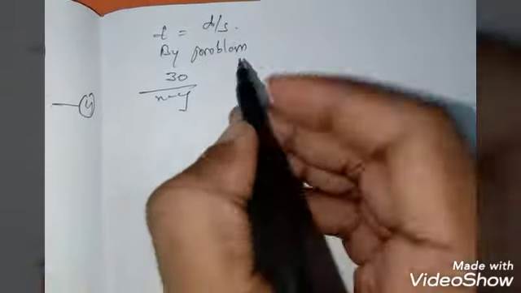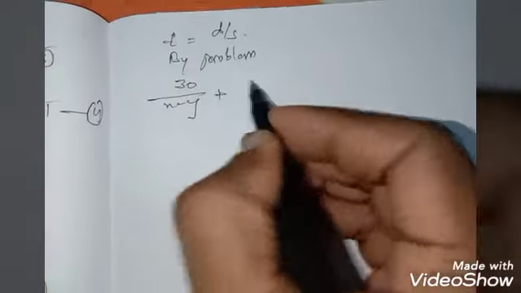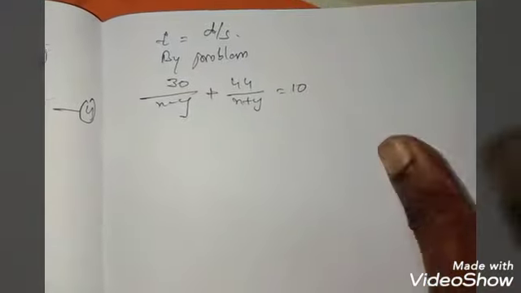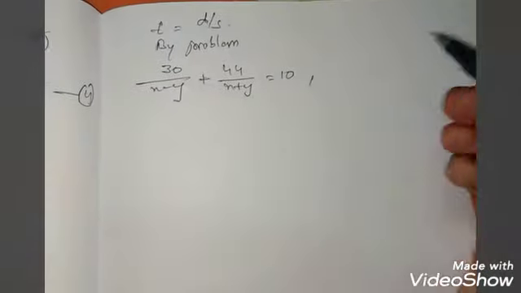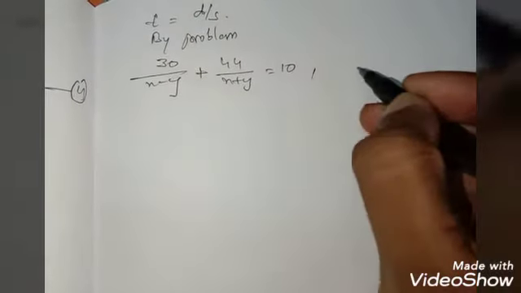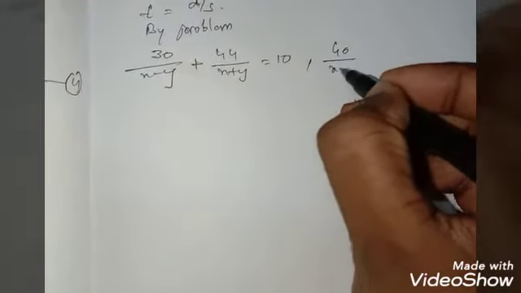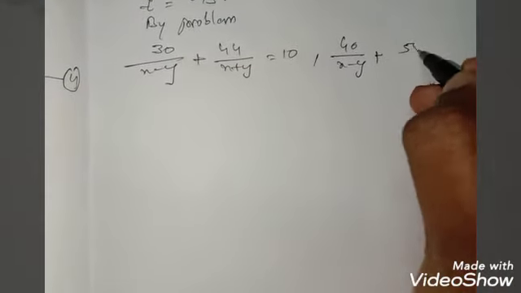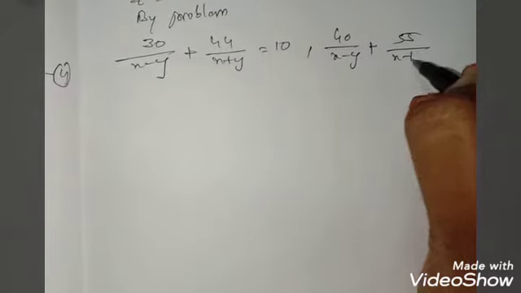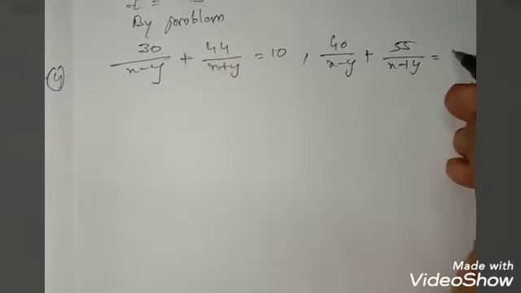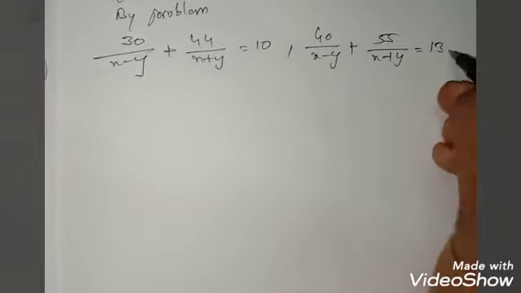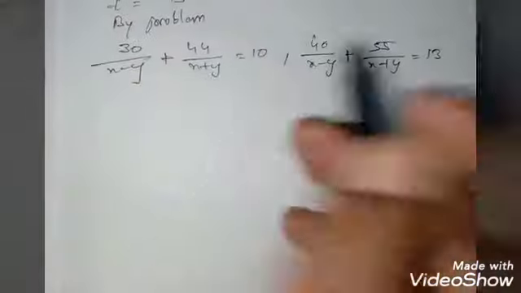Upstream is nothing but x minus y, and 44 km downstream, that is x plus y, is equal to 10. Next, coming to the second equation, for 40 km upstream, that is 40 by x minus y, and 55 km downstream, that is 55 by x plus y, is equal to the total time taken, 13 hours. So like this we are finding the equations.